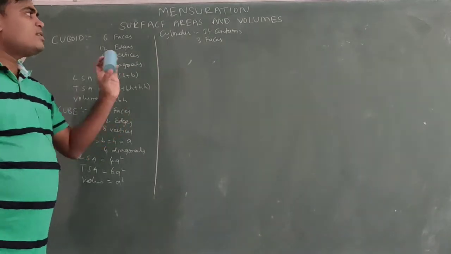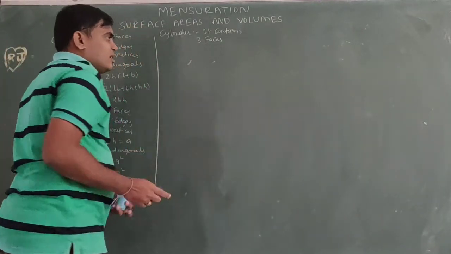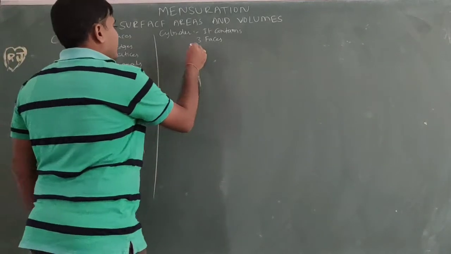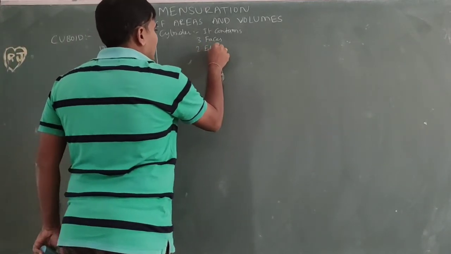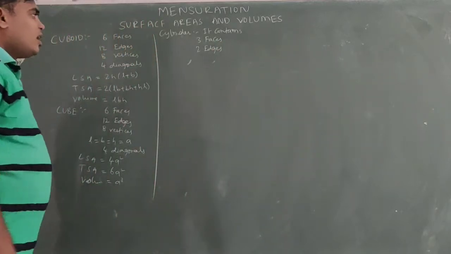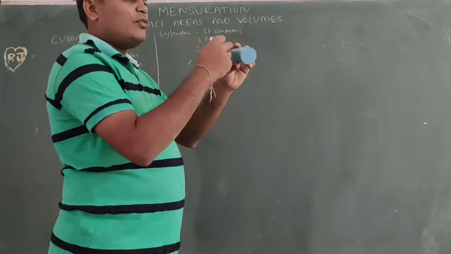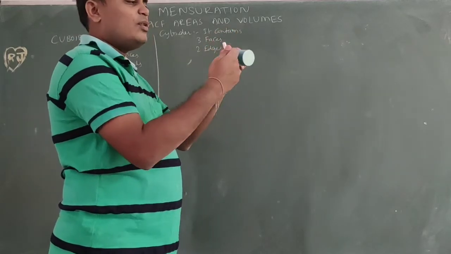There are no vertices, but 2 edges. This is one edge, this is the other edge. 2 edges. No diagonals.